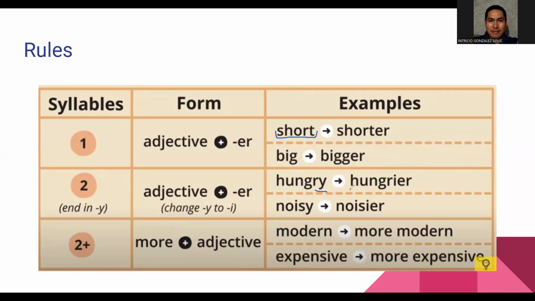We substitute Y with I plus ER because it's the structure to complete comparison. It's common, my dear participants.